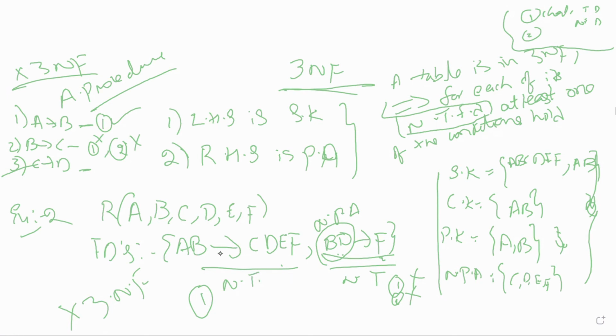I'm just saying you don't bother about that functional dependency if it is trivial. You just check any one of these two conditions for the non-trivial FDs. All the FDs should satisfy one of these conditions, then only it is in 3NF. Good. Got it, Kiran? Yes, ma'am.